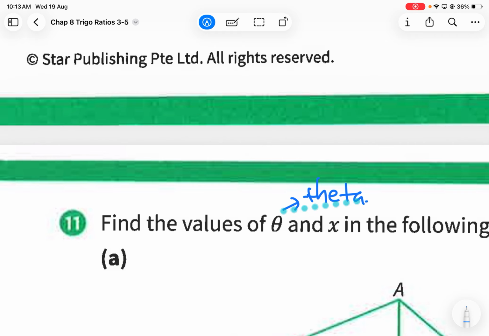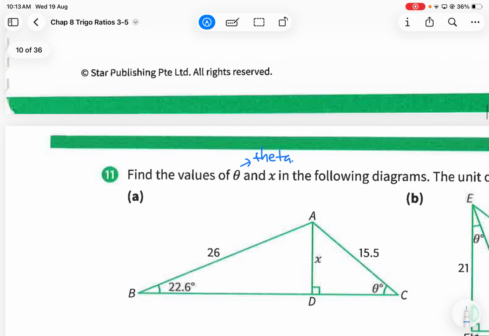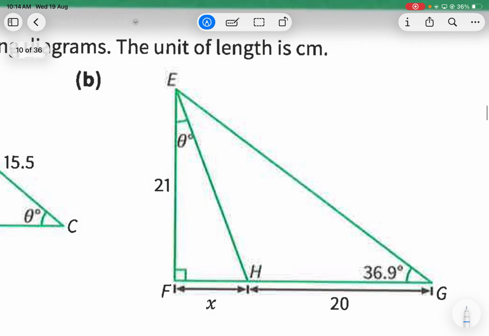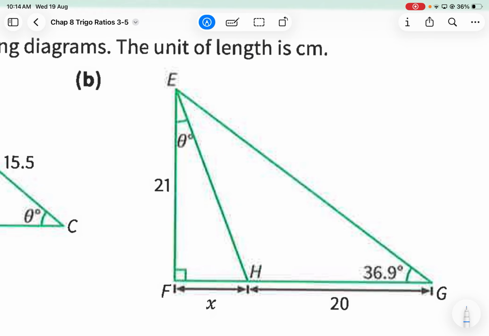Just like I have an unknown number, I call it x. I have an unknown angle, I call it theta. To save me a handwriting. Okay? So I want to find theta, I want to find x.